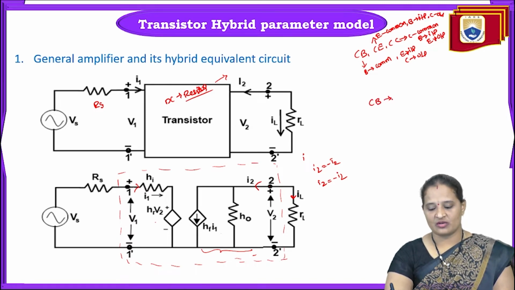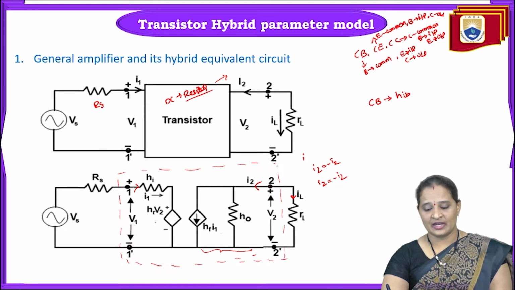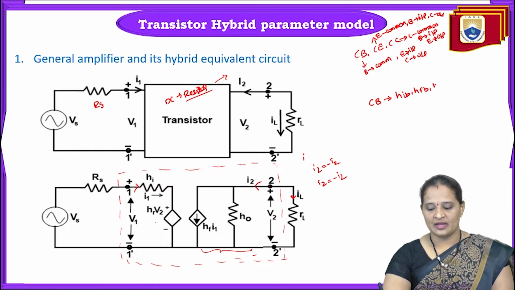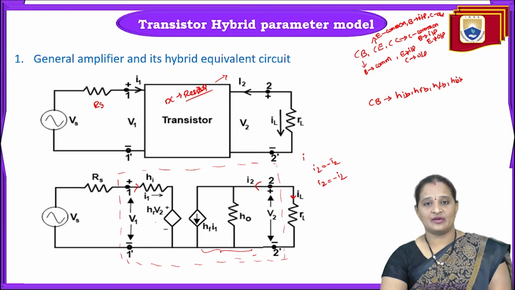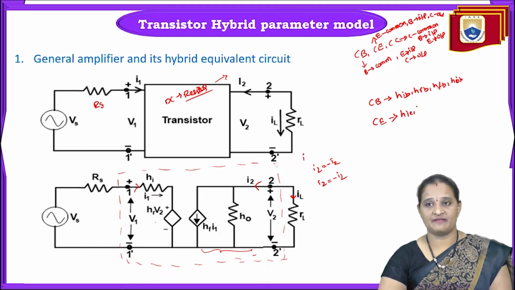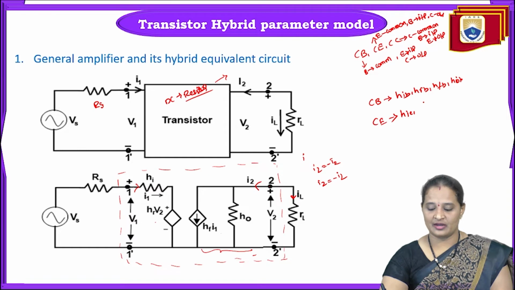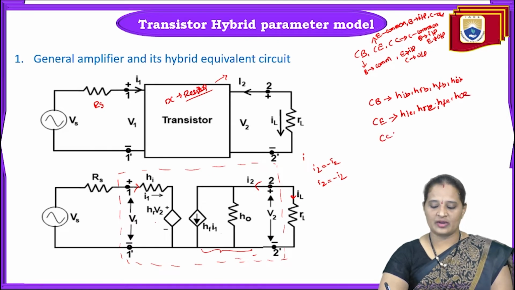For common base configuration, the H parameters are Hib, Hrb, Hfb and Hob. For common emitter configuration, the suffix e is added: Hie, Hre, Hfe and Hoe. For common collector, Hic, Hrc, Hfc and Hoc.